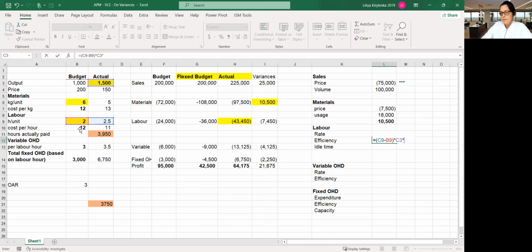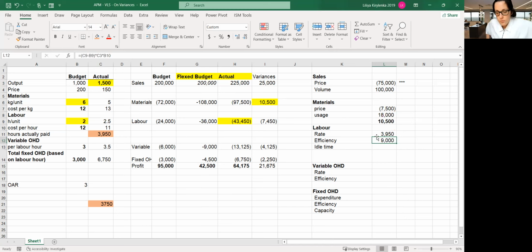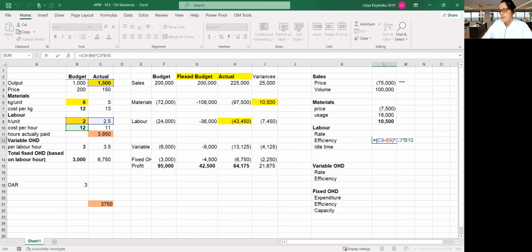So we will multiply that by 12, and that will give us 9,000. And again, is it good for us or is it bad for us? Well, that is actually bad for us, because we planned to spend 2 hours, but spent more. So we will need to put a minus in front of it and get minus 9,000.